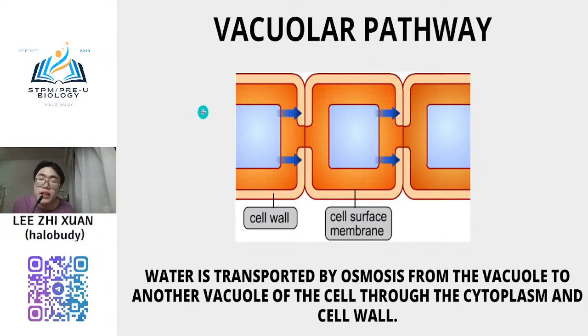Meaning that when the water has entered the cell, it goes directly to the vacuole, then diffuses out from the vacuole, moves to another cell and enters the vacuole there. So it will also touch and pass through the cytoplasm, but the main pathway of the water molecule is not through the cytoplasm but through the vacuole. When it wants to go to another cell, it enters the vacuole of that cell again, and continues until it reaches the root xylem.